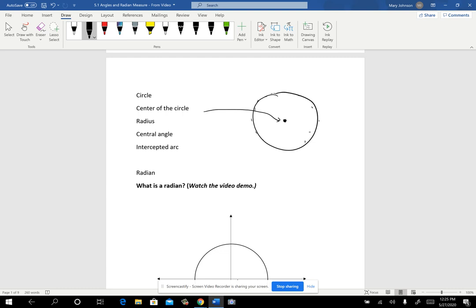Now the radius would be the distance from the center to a point on the circle. And it doesn't have to be in that orientation. It could be any point on the circle. That would be the radius.